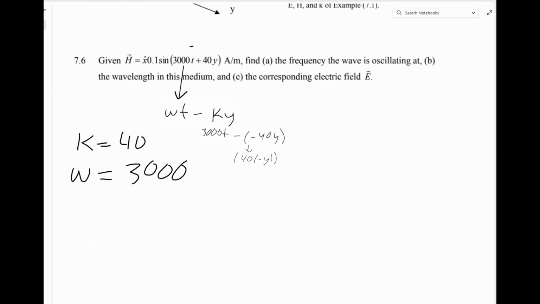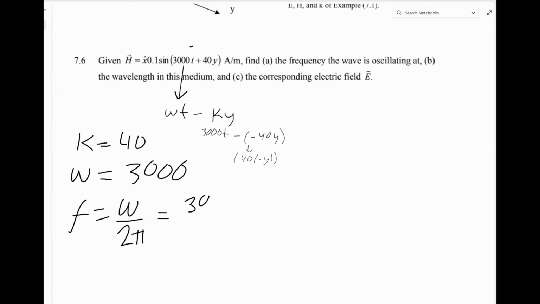So our first thing we need to find is the frequency at which this wave is oscillating. We can find that by using the equation frequency f equals omega over 2 pi. Since we know what our omega is, this is easy to find.